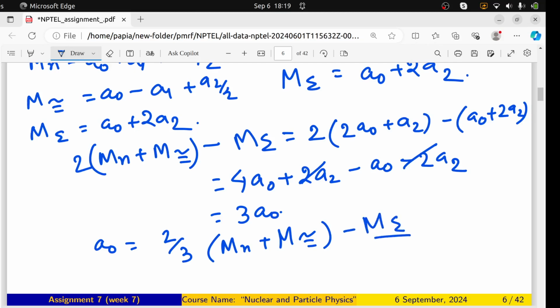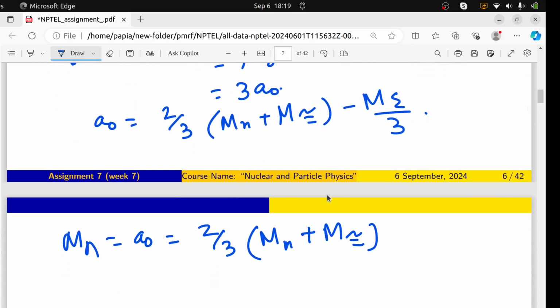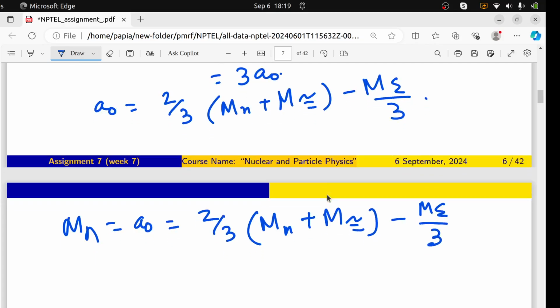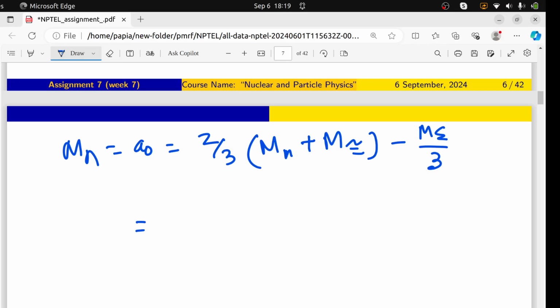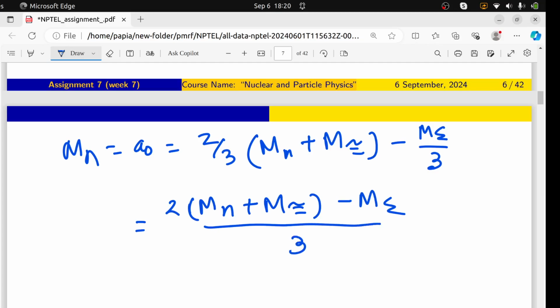That is the thing I was thinking about. Because as a whole, 2 into Mn plus M cascade minus M sigma equals 3A0. So A0 is 2 by 3 into Mn plus M cascade, minus M sigma by 3. So obviously there will be a minus M sigma by 3. So this is the answer for M lambda: 2 into Mn plus M cascade minus M sigma, divided by 3.